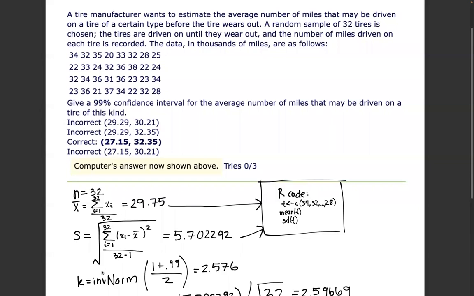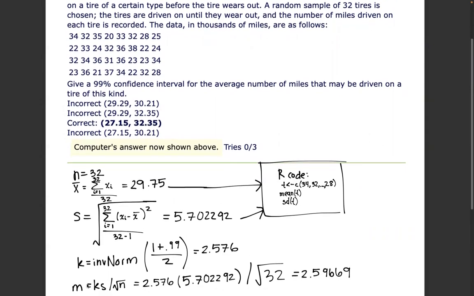Right off the bat, I'm going to see what my K is for a 99% confidence level. Inverse norm of (1 plus 0.99) divided by 2 gives us our K of 2.576.